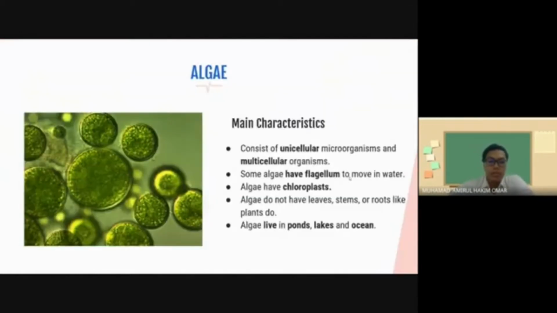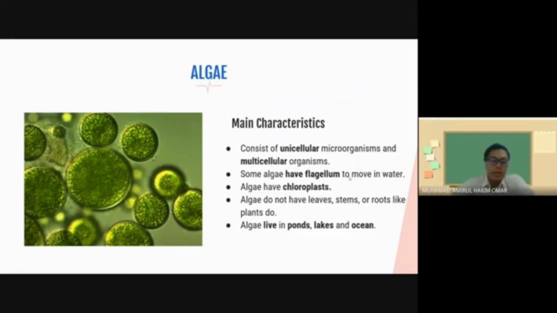So we move to the algae. Algae consists of unicellular microorganisms like Chlamydomonas species and multicellular organisms such as the brown algae, which is the Fucus species. Some algae have a flagellum to move in water.